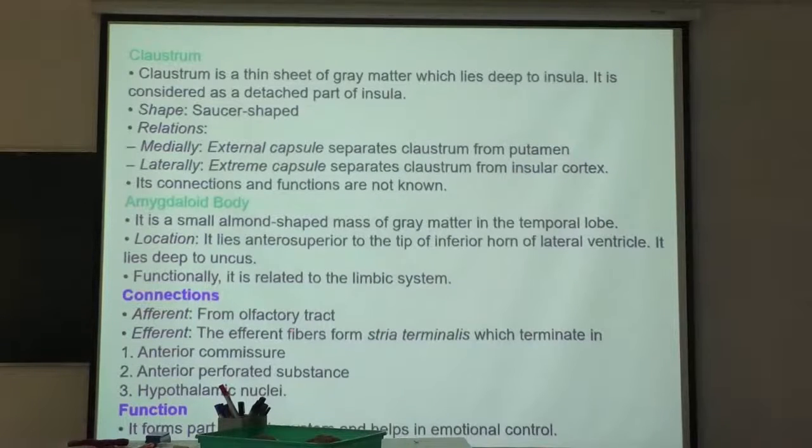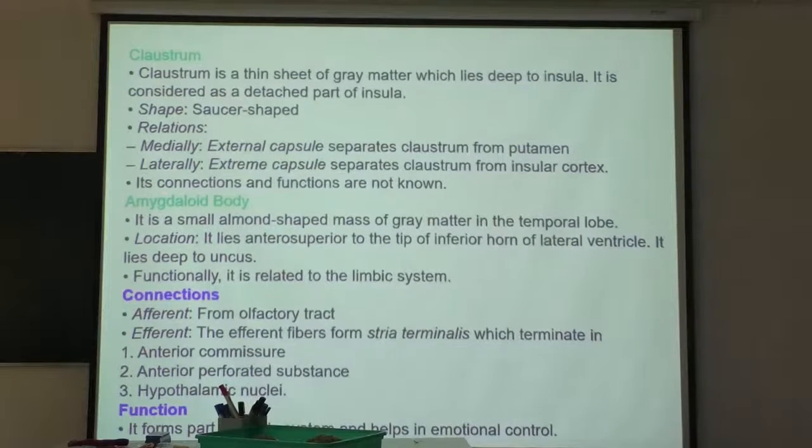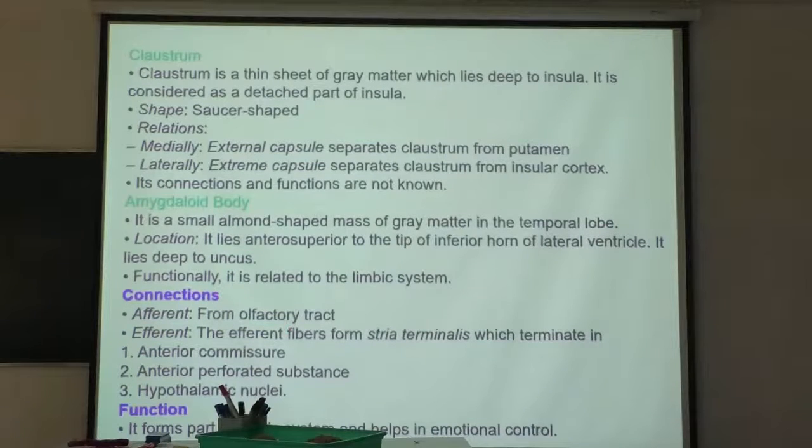What are the connections? Afferent: it is getting afferent from olfactory tract. Uncus is here. In the uncus, olfactory cortex is located, area 28. Okay, so it is nearby to amygdaloid body. Efferent fibers form the stria terminalis.